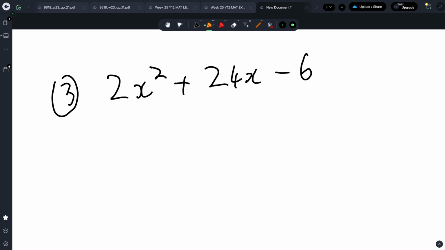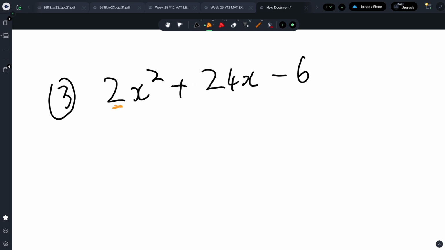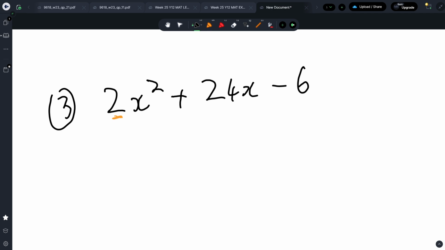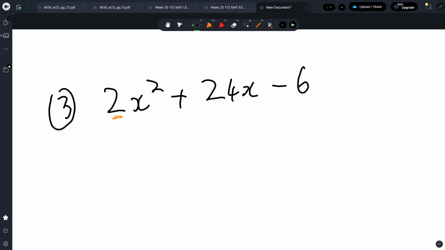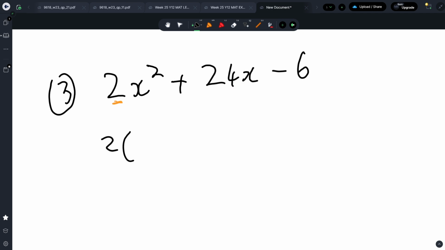This is your third hardest thing that you'll have to do. So the first thing you want to do is realize that there's a coefficient here, and you want to factorize out that 2. What I mean by factorizing is you want to take the 2 out from this as well. So 2 times x squared gives us 2x, and we want to ask what times 2 gives us 24.